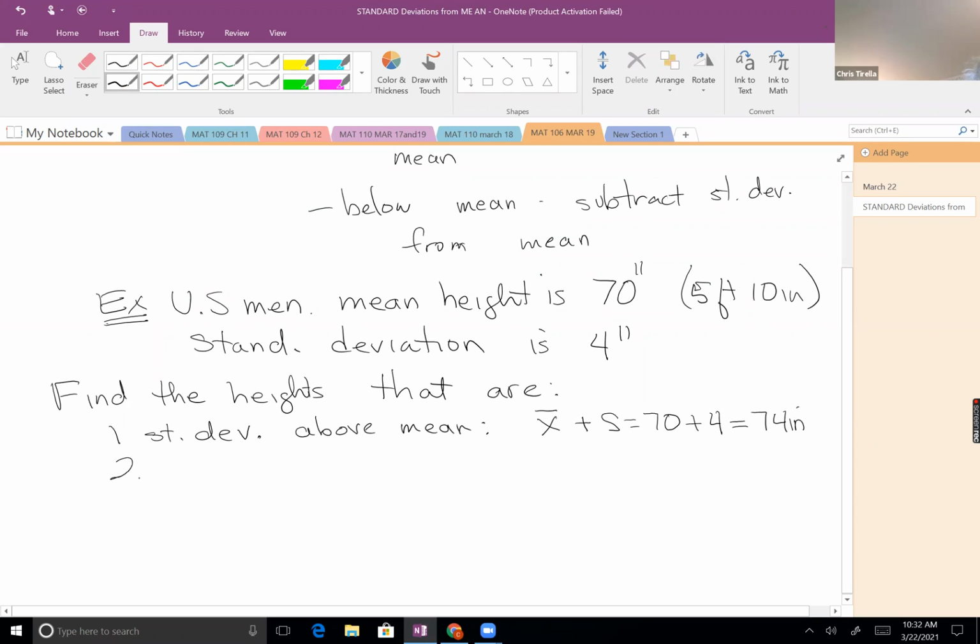So far, so good? Yes. So what if I want 2 standard deviations above the mean? Well, that would be the mean. Above means I'm going to add, and 2 standard deviations, doesn't that mean I'm going to take the standard deviation and multiply it by 2? So wouldn't that be 70 plus 2 times 4? Or 78 inches?